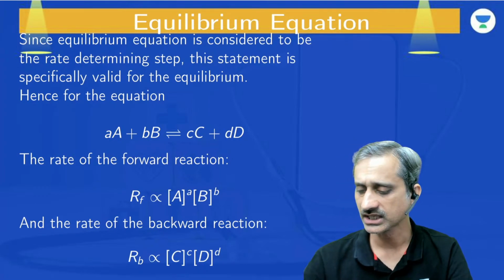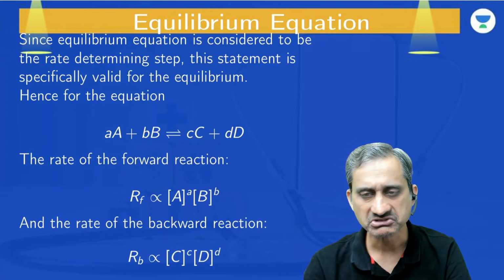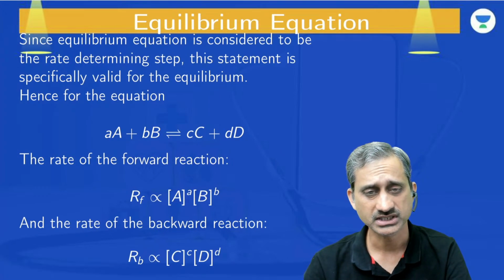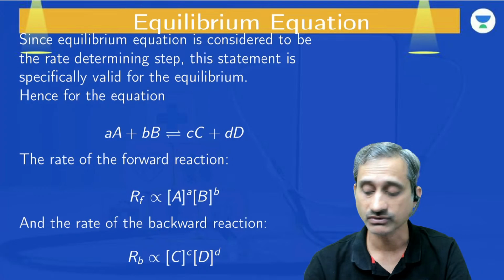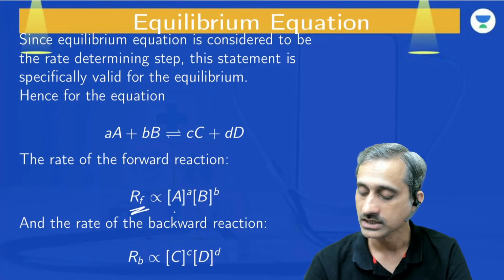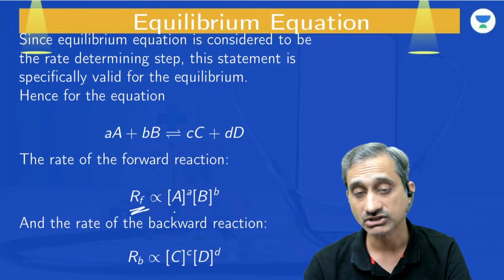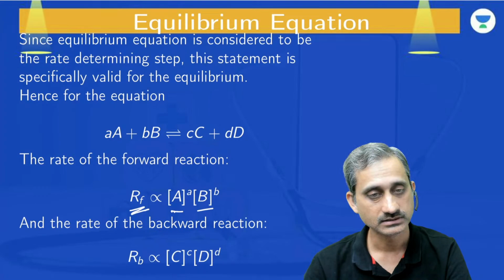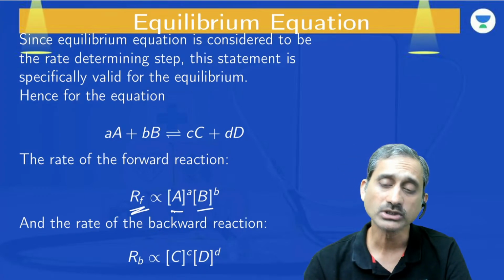Now for the equation aA plus bB giving cC plus dD, you can write it pqrs also, the stoichiometric coefficient doesn't make a difference. The rate of the forward reaction, RF, would be proportional to the concentration of A raised to power a and the concentration of B raised to power b, because these are the active masses. Now we can even talk about the backward reaction.